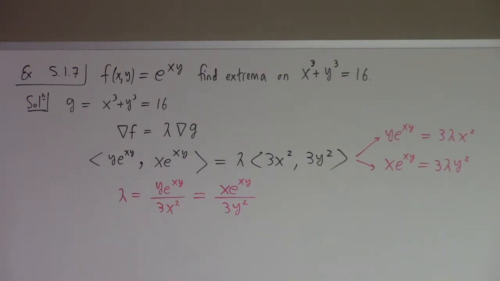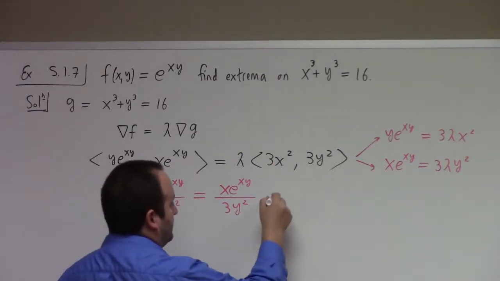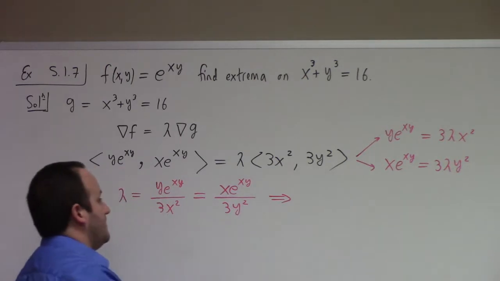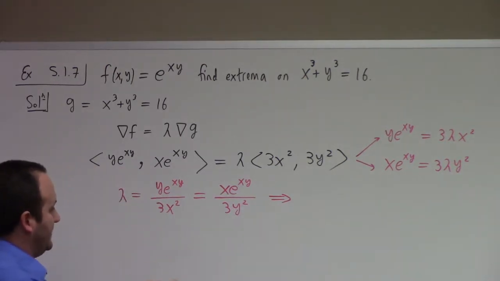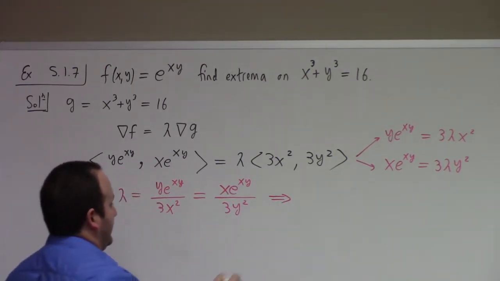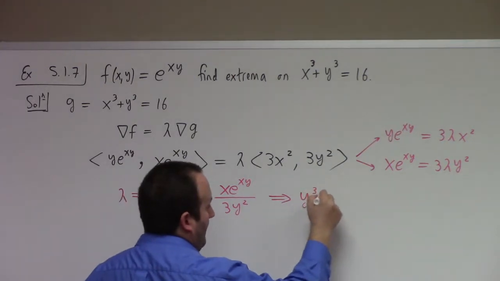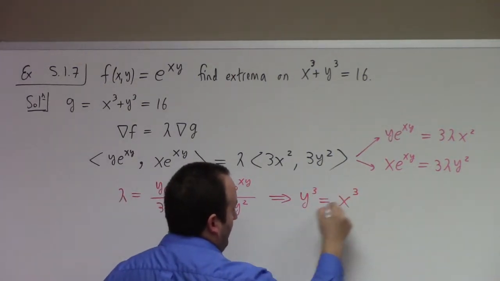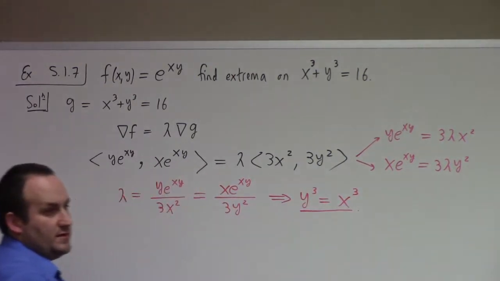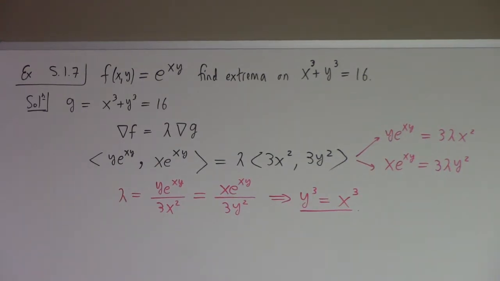Of course, then you can cancel the exponentials without harm, right? The exponential is never 0, so what's that give us? The 3's cancel. We get y cubed equals x cubed, which is very nice, right? Why?